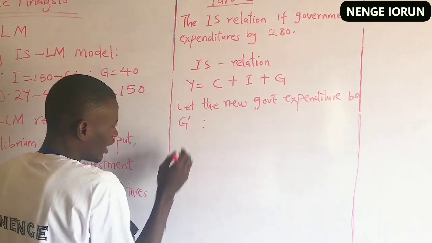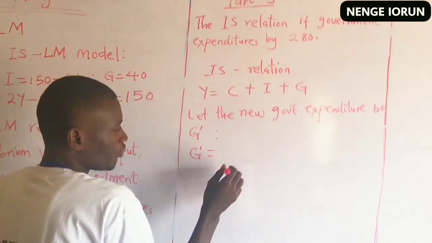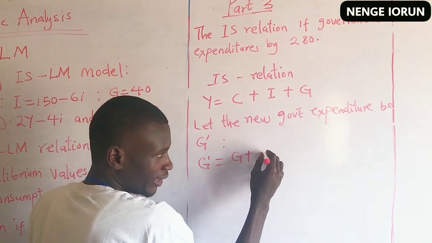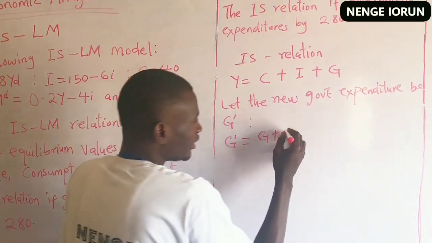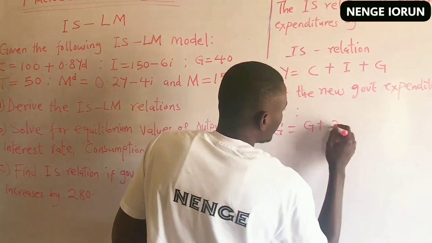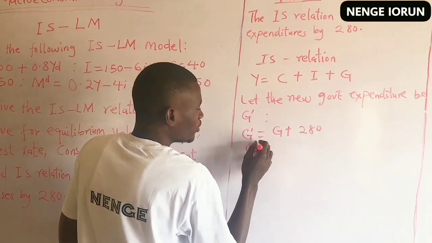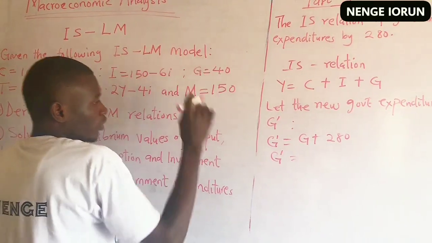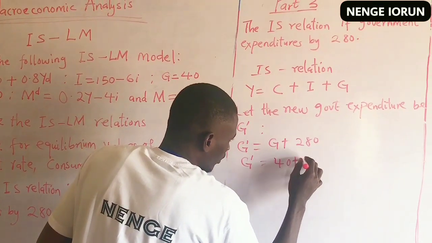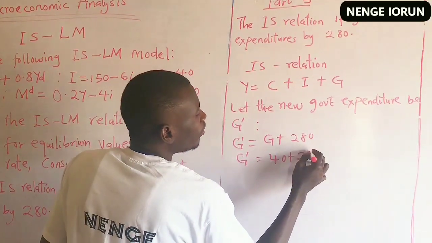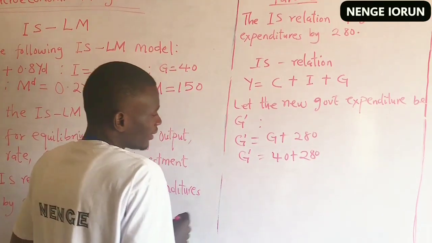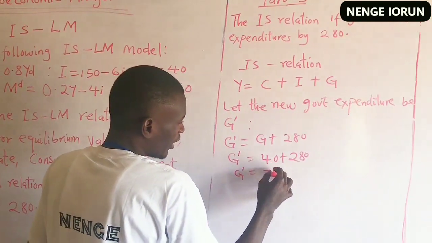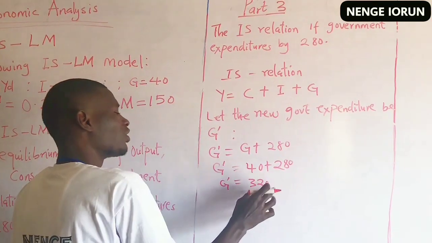G prime will be equal to the old government expenditure plus the increment. The increment is 280. So the new government expenditure will be the former one, which was 40, plus the increment 280. When you add 40 plus 280, you will have 320. So this is the new government expenditure.